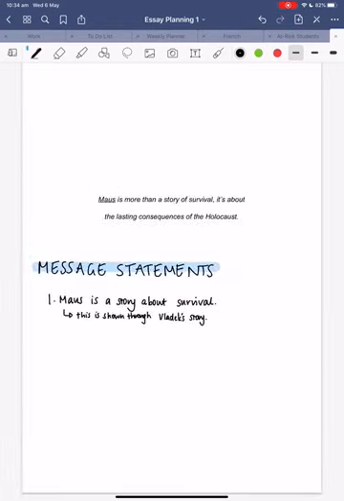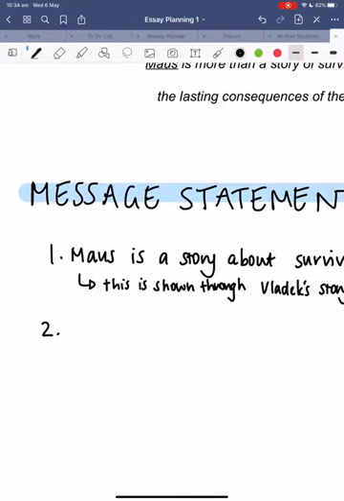And I'll think about some more specific examples of particular things that he does or says, find some quotes, find some images that back up what I'm saying a little bit later, once I've got the message statements for all three of my paragraphs.